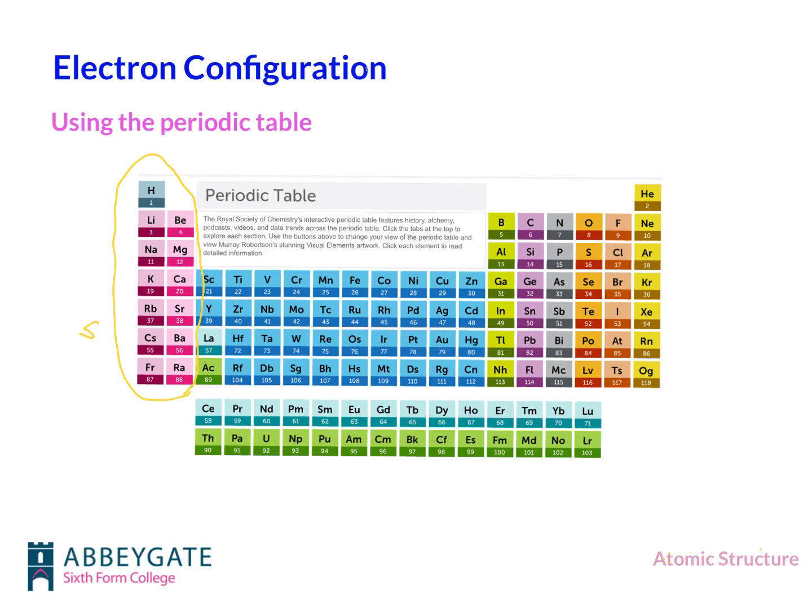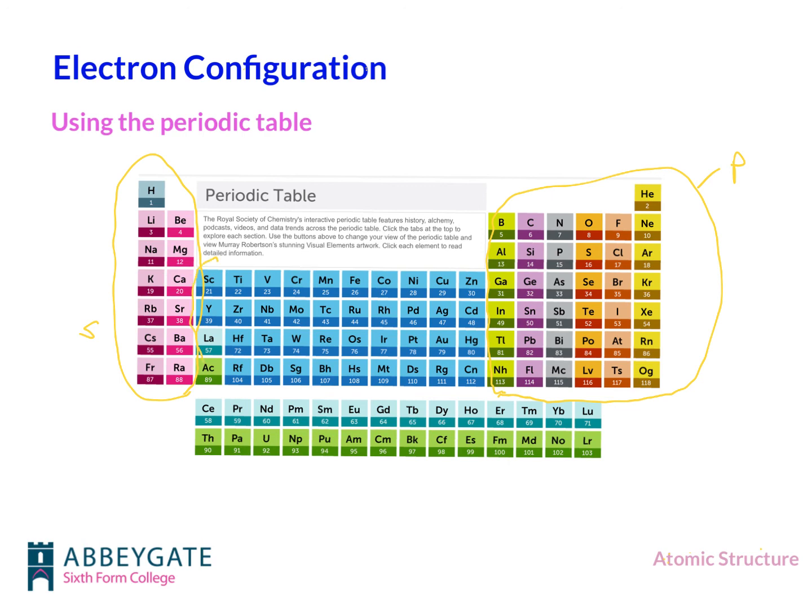That's because the highest energy electron in these elements, the last electron, is in an s orbital. These ones over here, where the non-metals mostly are, although there are some metals in there as well, are known as the p block, and that's because their highest energy electron is in a p orbital.